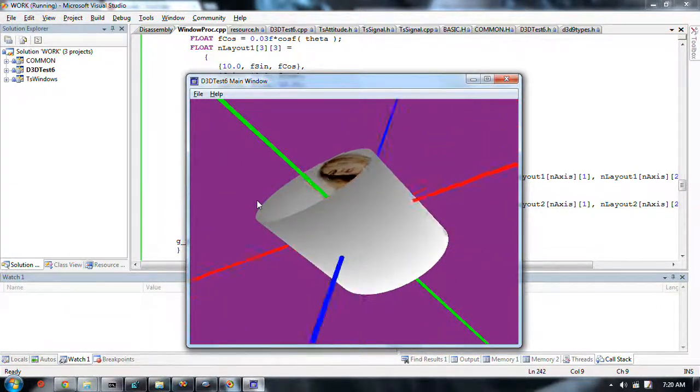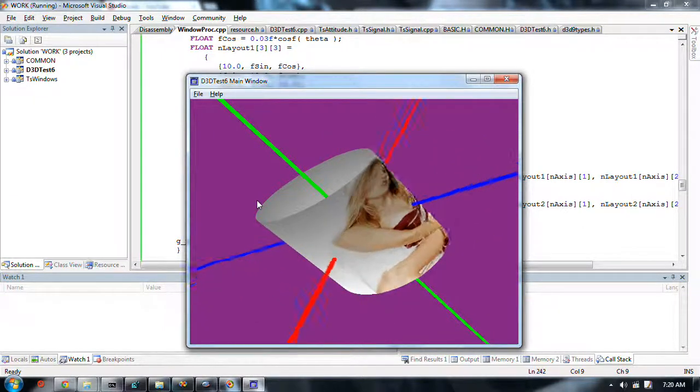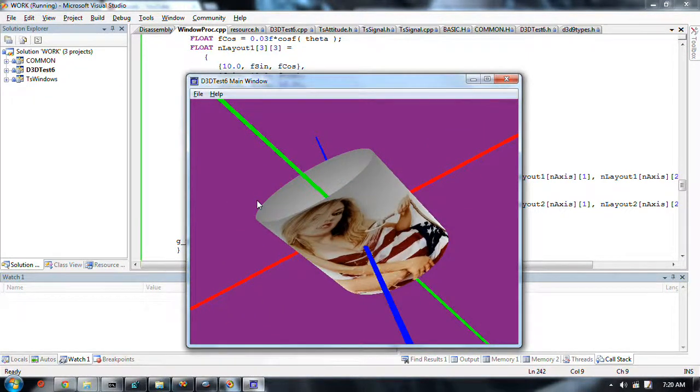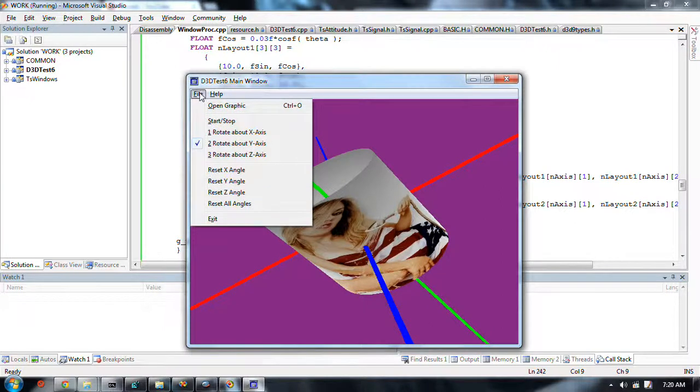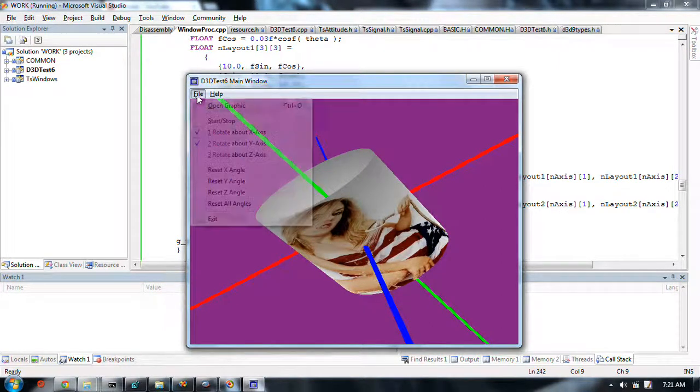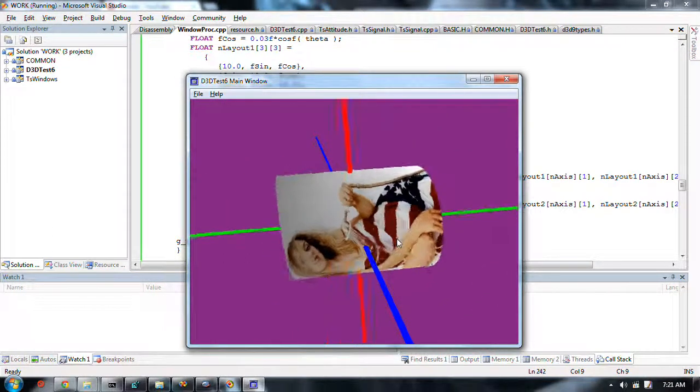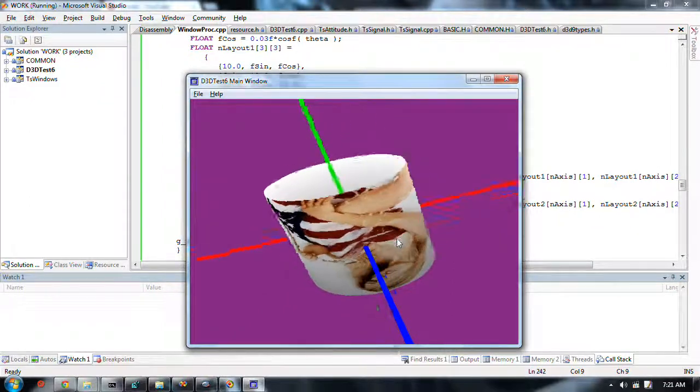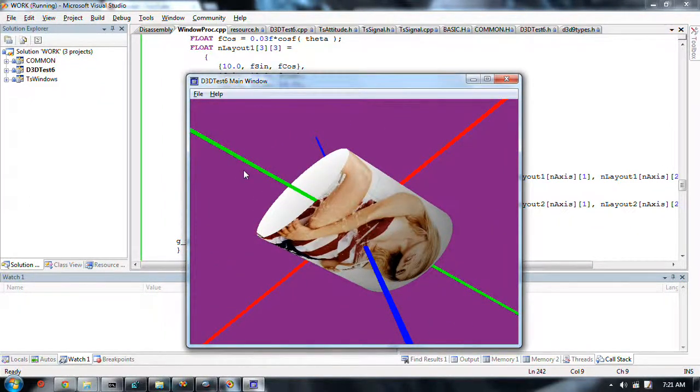That certainly looks like a rotation about the y-axis. How about X? Why wouldn't X work? Just X, which is this one, right? So it does work, okay.